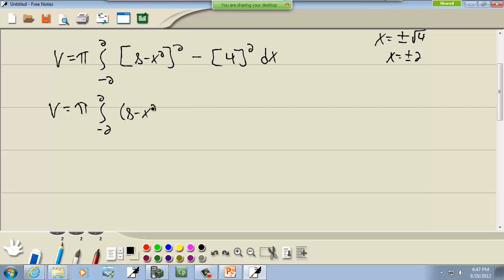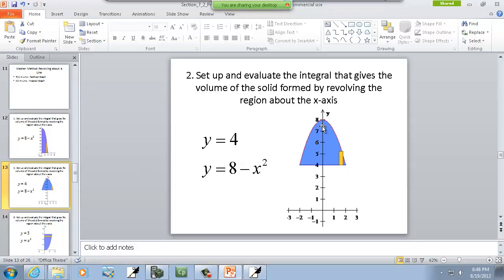We got 8 minus x squared times 8 minus x squared minus 4 squared is 16 dx. By the way, I'm not going to do it, but you know some symmetry here, how this piece on this side is symmetric to this. It's even. You could use that fact if you wanted to.